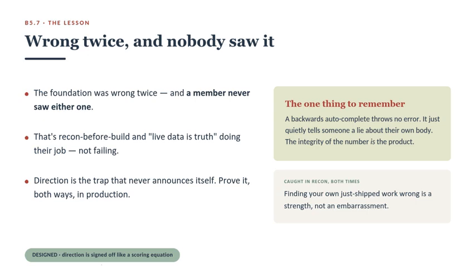So what is the lesson? Two things. One, we shipped a foundation and we ourselves found it wrong. Two, the second time was better than the first. And I want to be clear, this is not us being sloppy. This is the whole point of reading the live code and the live database before you build.